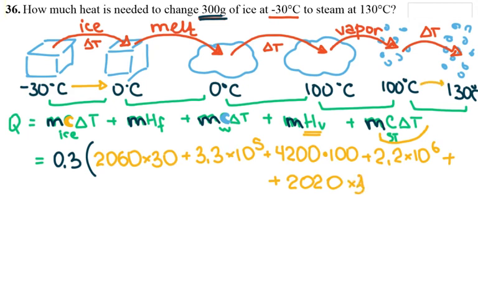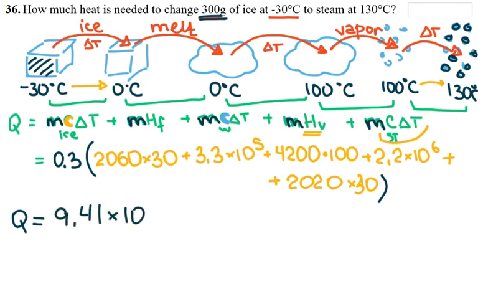So that is 30. Now, if I plug this all into my calculator, the heat needed to turn negative 30 degree ice into 130 degree Celsius steam is approximately 9.41 times 10 to the 5th joules.